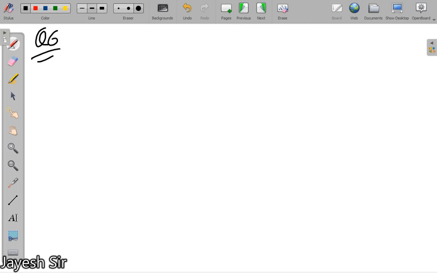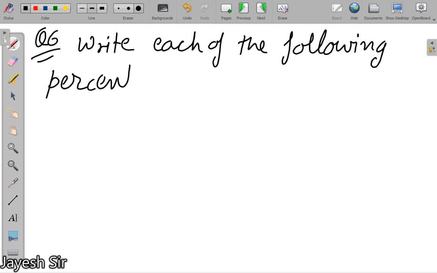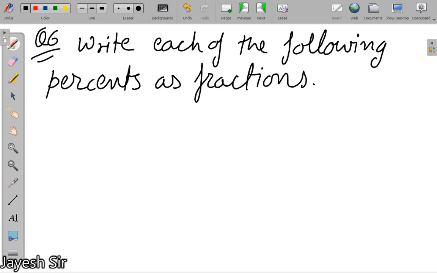Question number 6 is, write each of the following percents as fraction.